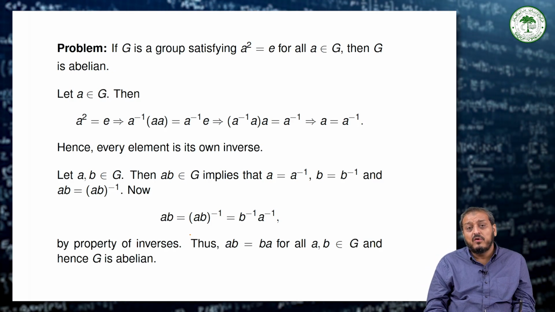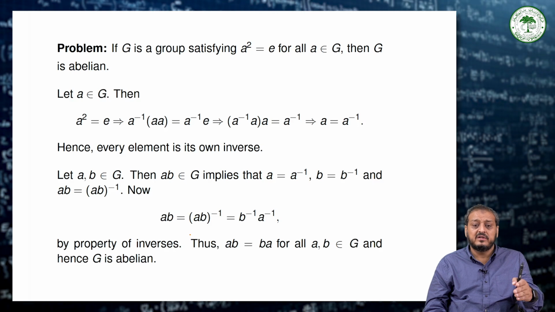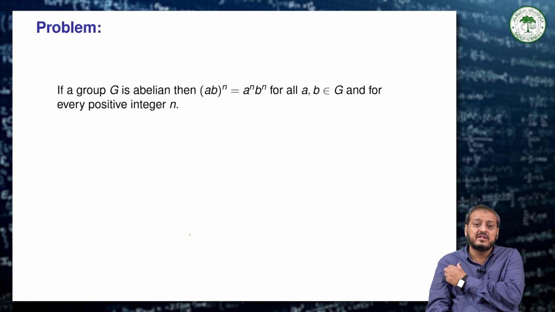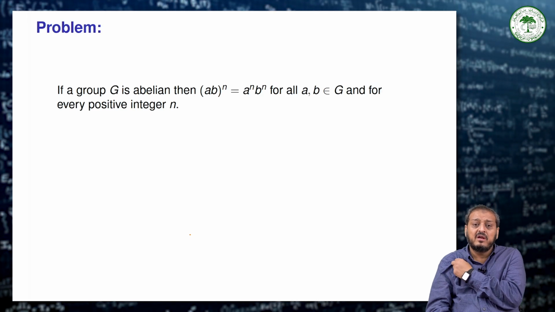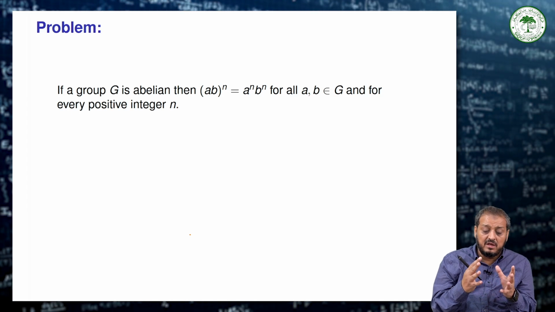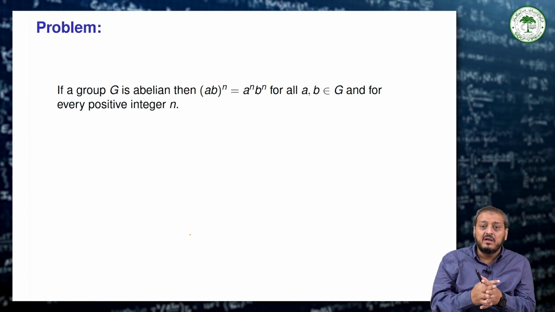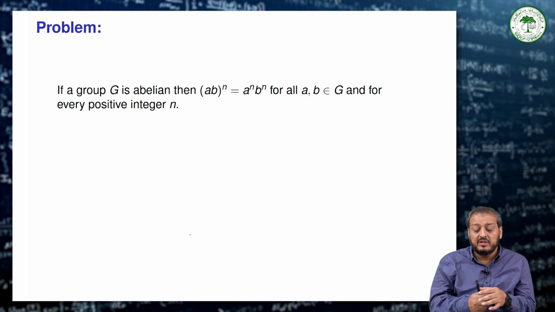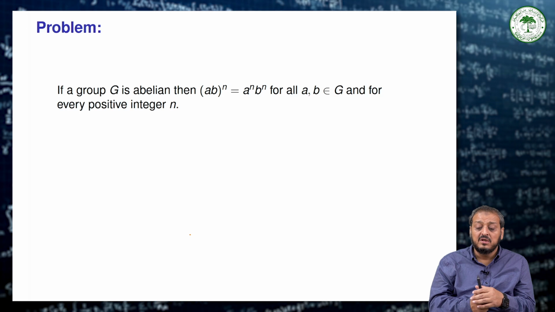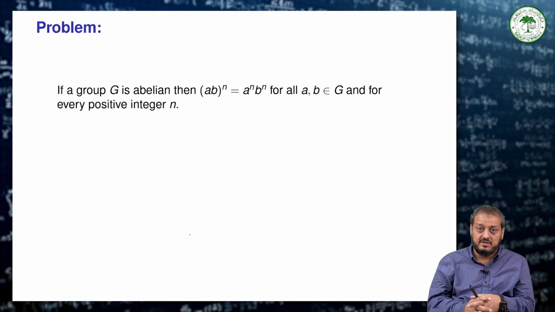So we move on to another problem, which says that if G is an abelian group, then ab to the power n is equal to a to the power n, b to the power n, for all a, b belonging to G and for every positive integer n.